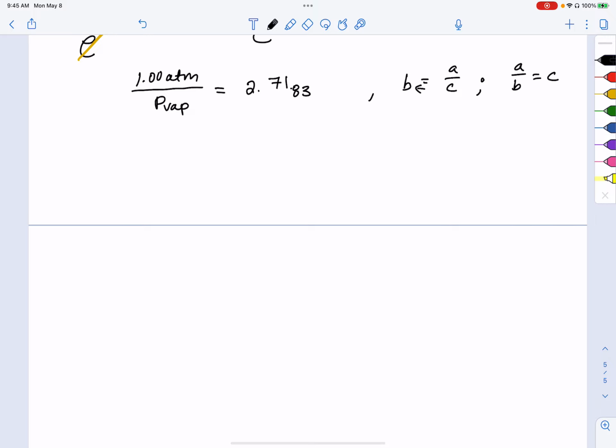You can just literally swap these. So I now have 1.00 atmospheres over 2.7183 gives me my vapor pressure at 25 degrees Celsius.